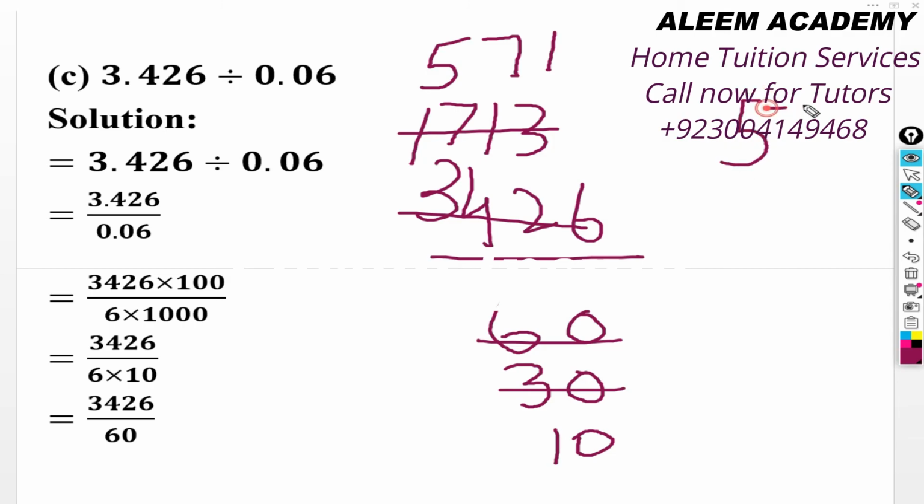So 571 over 10. If you directly write this number into decimal form, then 0 will go with this one, and in place of this one we will write the decimal here. So the answer will be 57.1. 571 over 10.